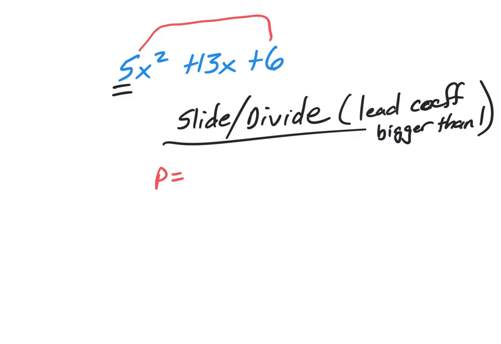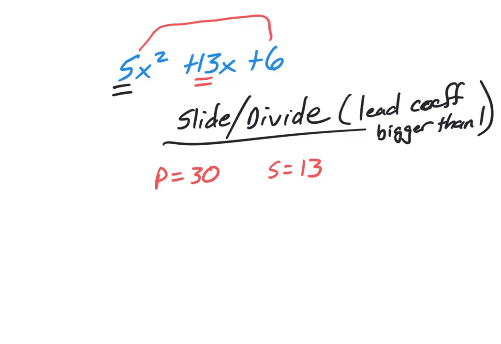My product is going to be multiply the outside two numbers, 5 times 6. 5 times 6 gives me 30. My sum is still the middle number, 13.